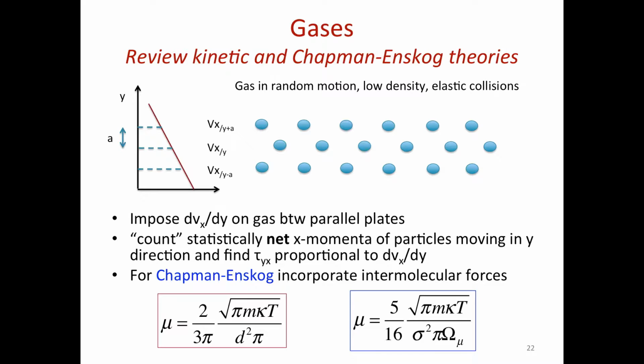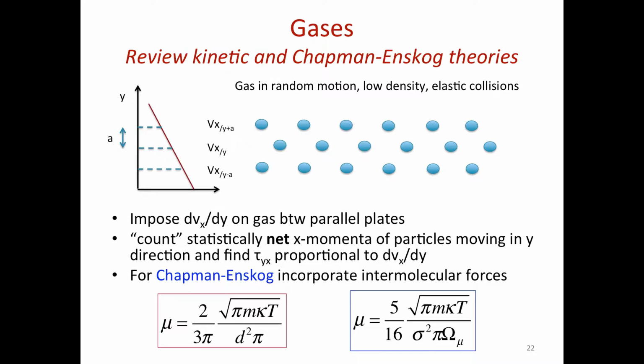Just to recall what we did to derive the formula for gases, and this is just a review: we put liquid and gas in between two plates, and we imposed a difference in velocity. I'm going to have one plate move at the velocity Vx and the other one stationary, so I have a gradient in velocity applied.